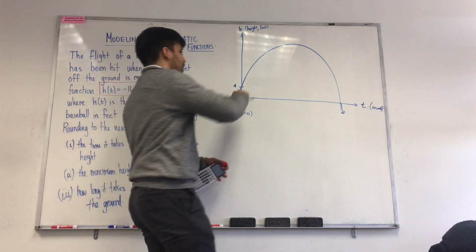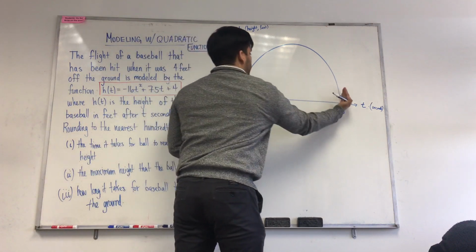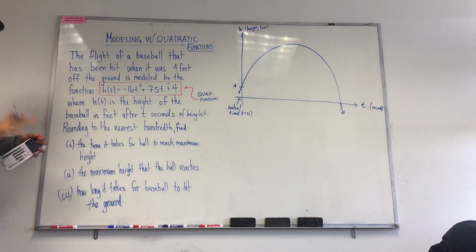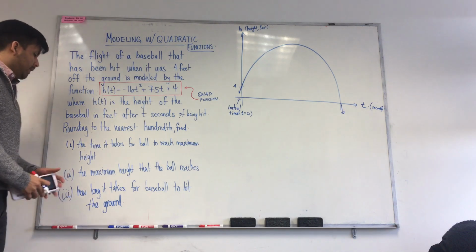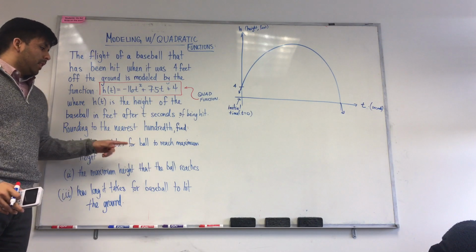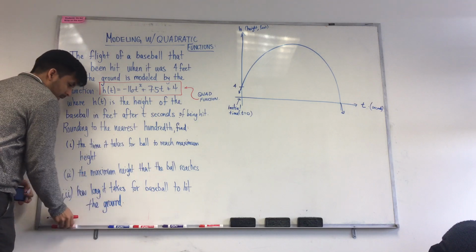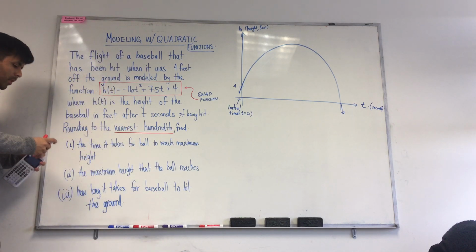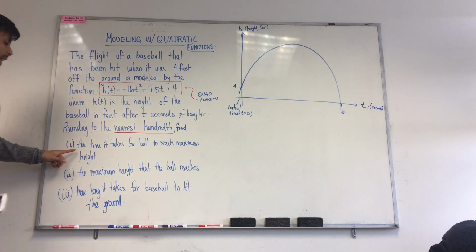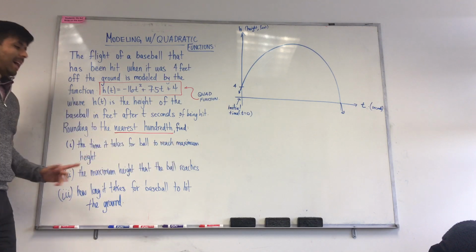So we really only care about this portion of the graph. Okay. Great. So now we have a better understanding. Now let's look at the first piece that we're looking for. It says find the time it takes, and also we have to understand that this is in nearest hundredths, so we're going to have to round once we get the answer. So it says find the time it takes for the ball to reach the maximum height.